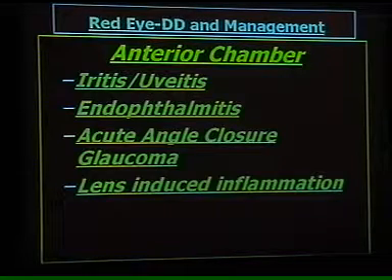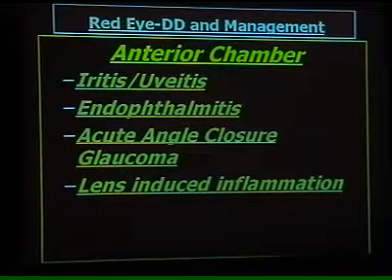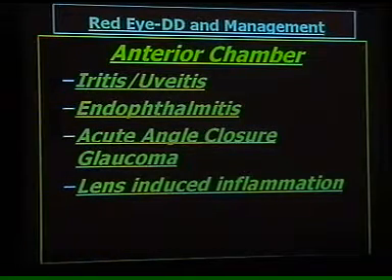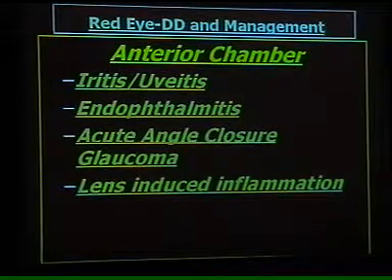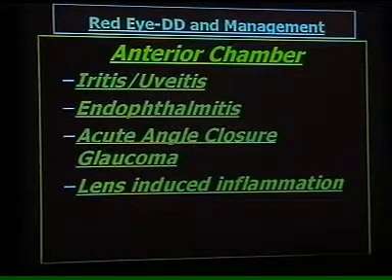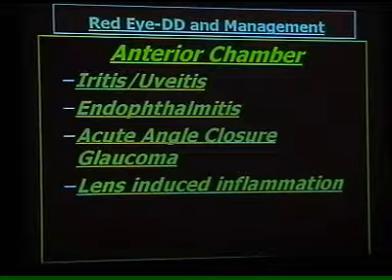the clinic is idiopathic, and we don't find any reason in the eye or in the body. Local inflammation like herpes, adenoviral, or bacterial inflammation can go within the eye and involve the uvea and cause uveitis.